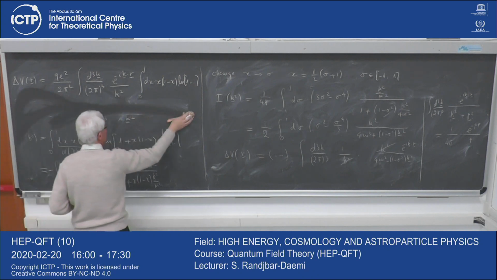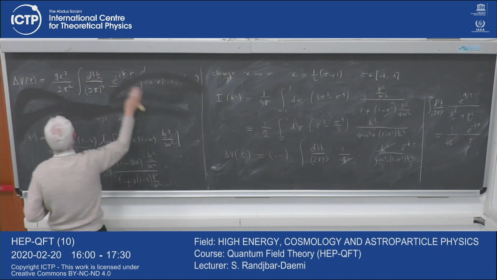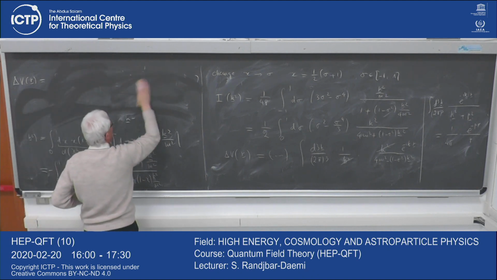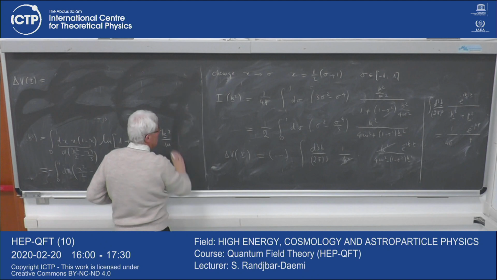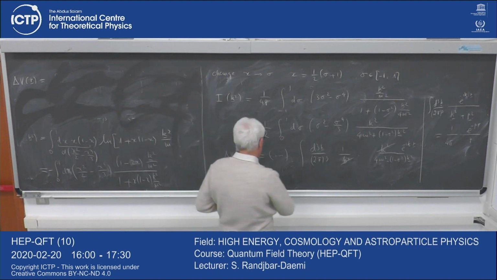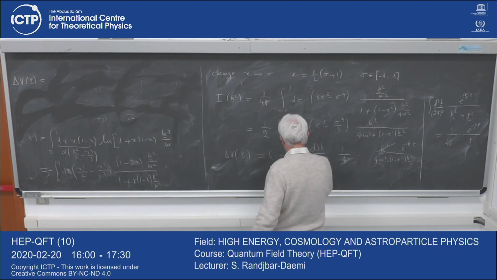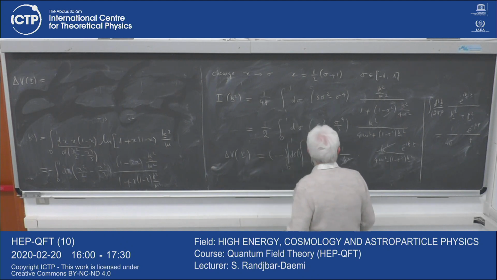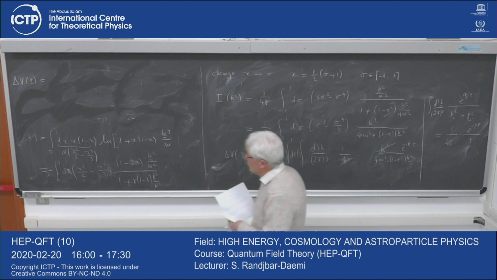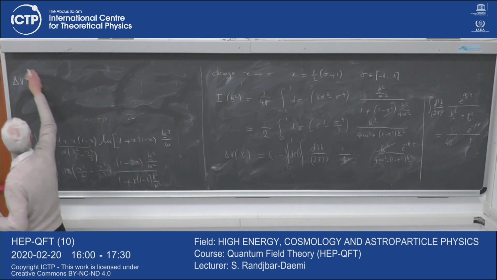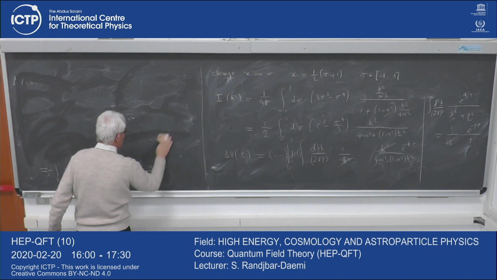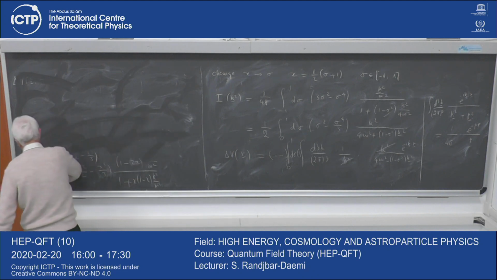But I will not go through the steps of this extra change of variable. I just want to show you. Here, of course, you will also have the d sigma integral from 0 to 1, other factors, etc. So you can change once more from sigma to another variable and bring it to the form which is usually known as the Uehling potential.